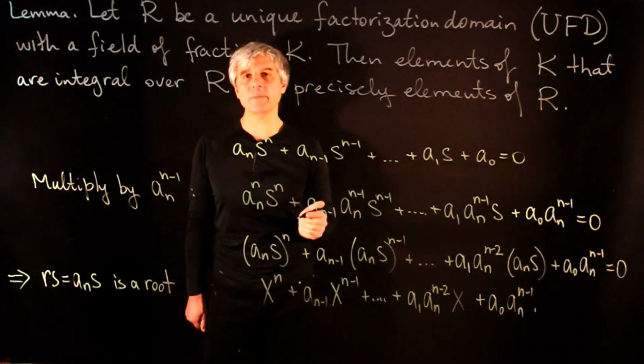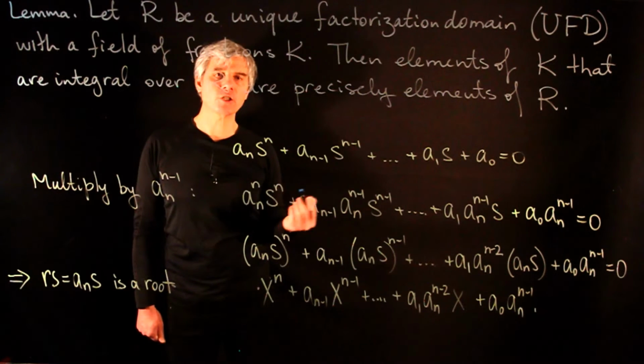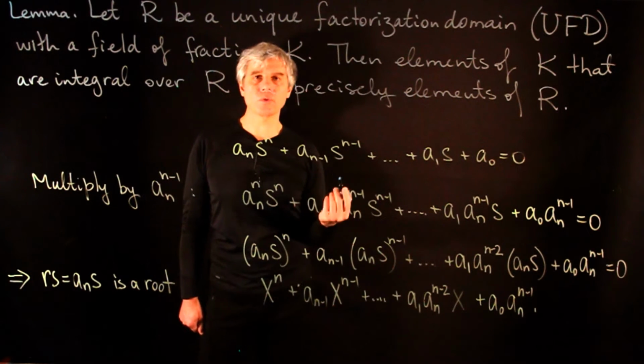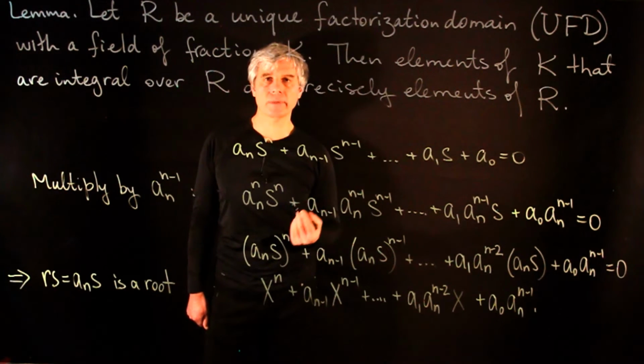And so this lemma says that the only rational numbers that are integral over Z are integers themselves.